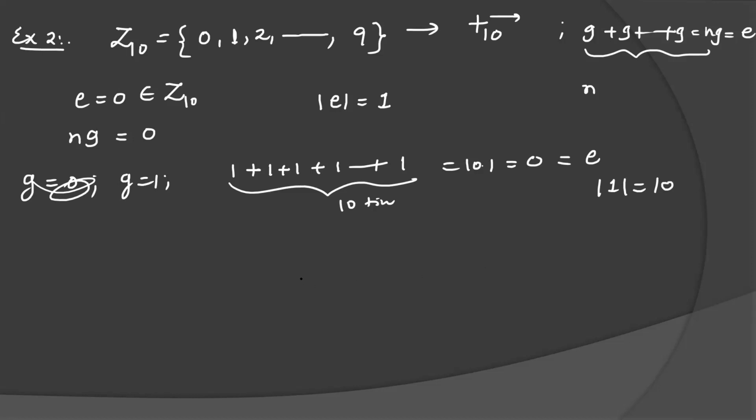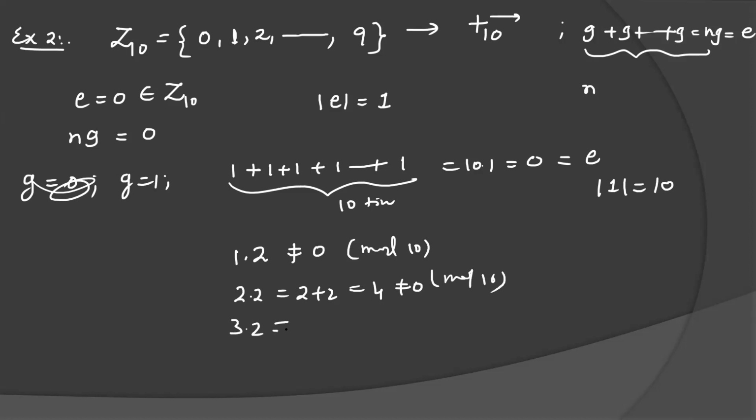Now please find the order of 2. If you add 2 one time, this is not equal to the identity element. If you add 2 two times, 2 plus 2, this is 4, not equal to the identity element in modulo 10.